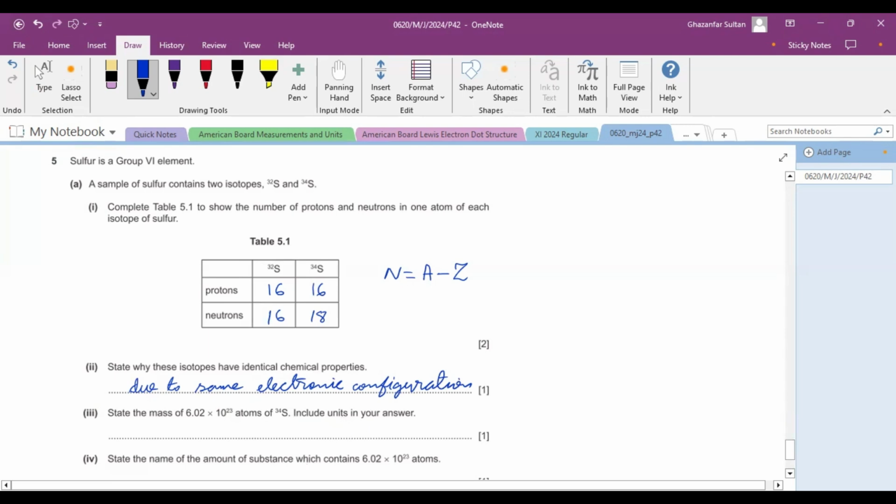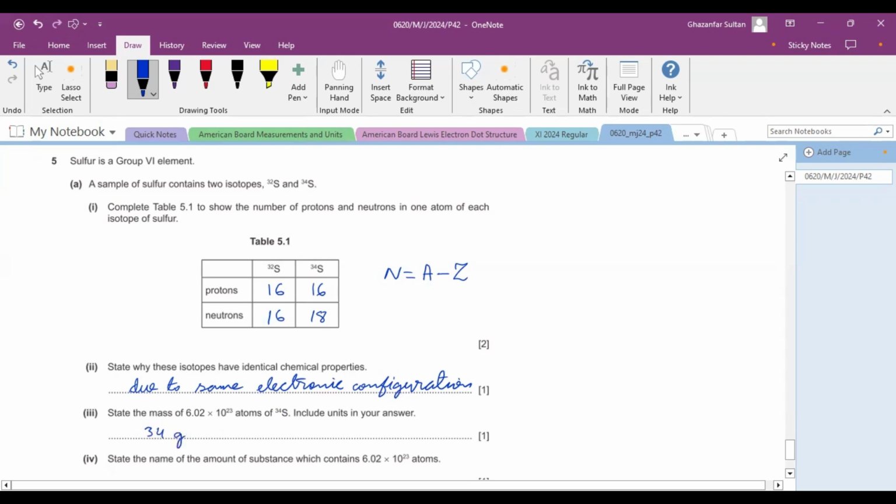State the mass of 6.02 into 10 raised to 23 atoms of S34. Include units in your answer. If we are talking about 6.02 into 10 raised to power 23, then definitely it is 1 mole, and the mass of 1 mole of this isotope, if all the atoms are S34, would be 34, and the unit is gram, not AMU.